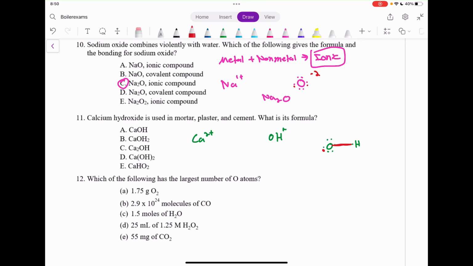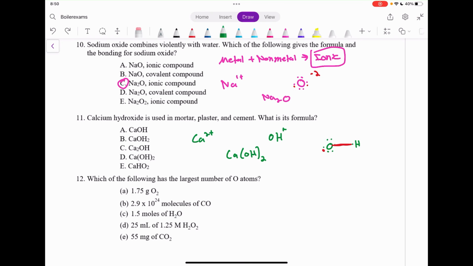So it's going to steal only 1, so it essentially has this 1- charge. In order to make a neutral compound, we are going to need 2 of them per 1 calcium. So 2 hydroxides, 1 calcium, which leaves us with answer choice B.